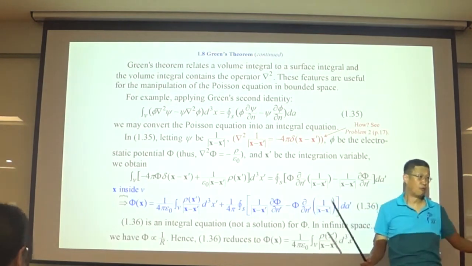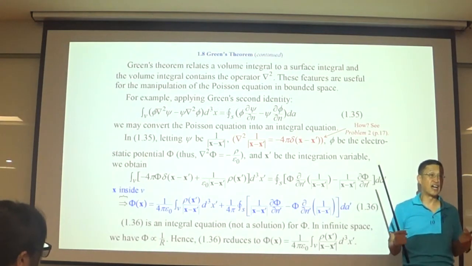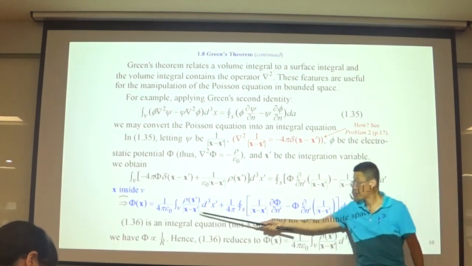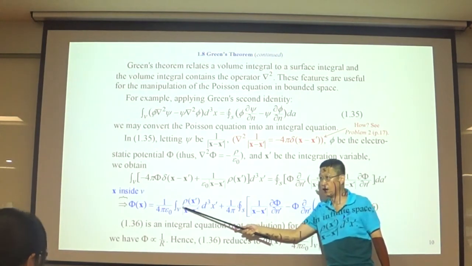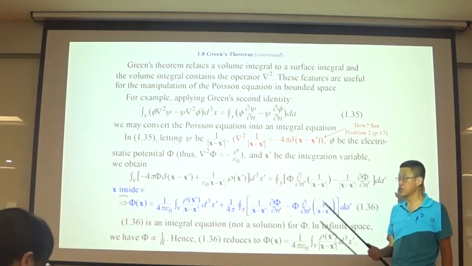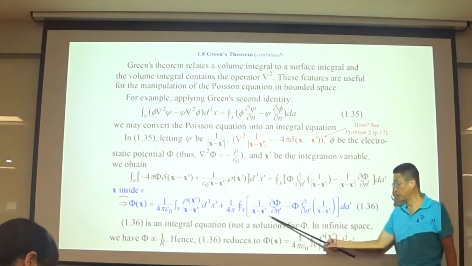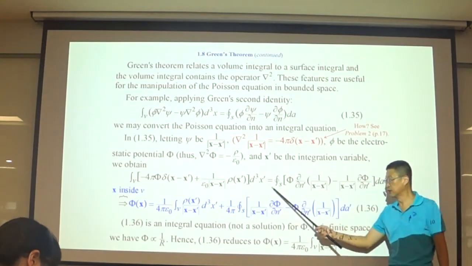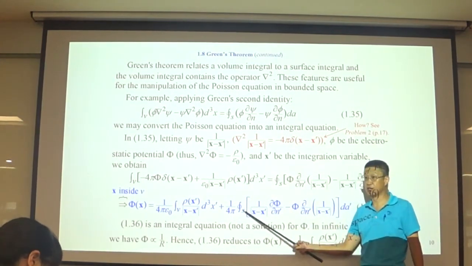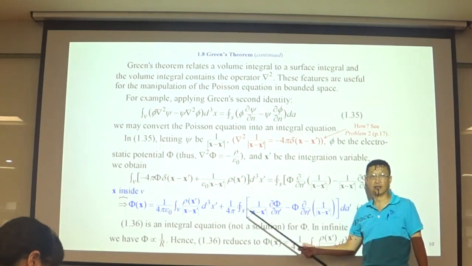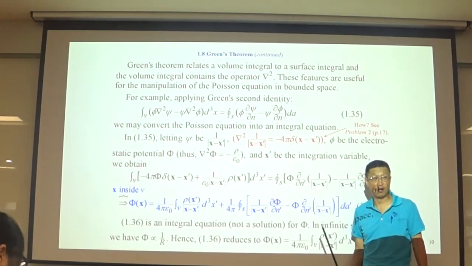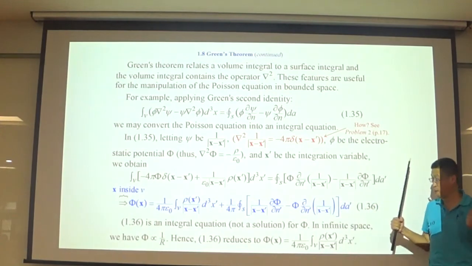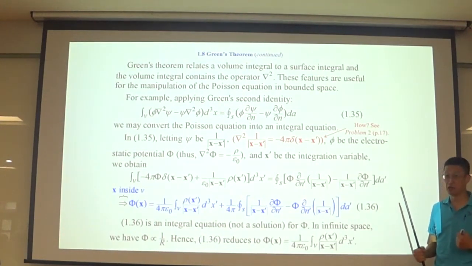But now, we just focus on finite space. For finite space, we should consider the contribution from the surface. That's new. But it looks very powerful, but not very useful.